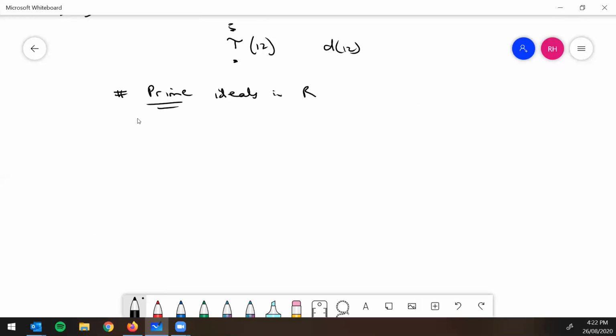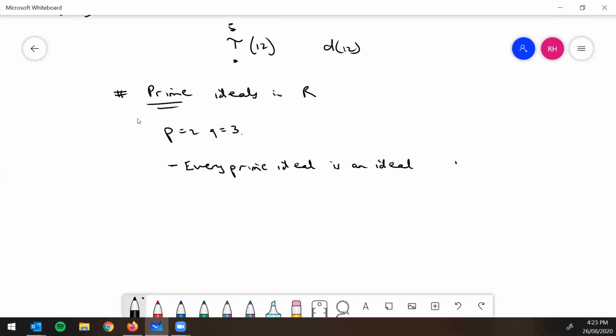Well, how could you better understand what a prime ideal is? The starting point would be to, once again, take p equals 2, q equals 3. So the first thing that you could say is that every prime ideal is an ideal.